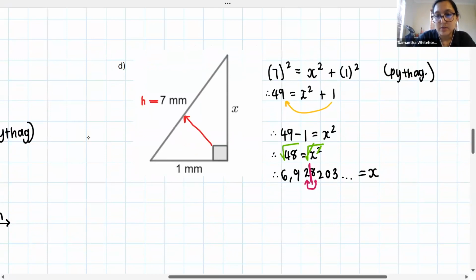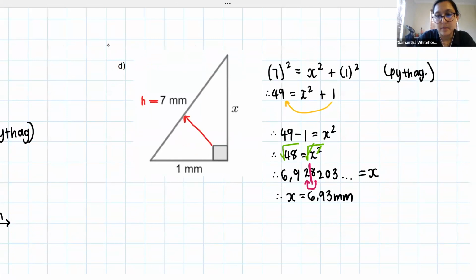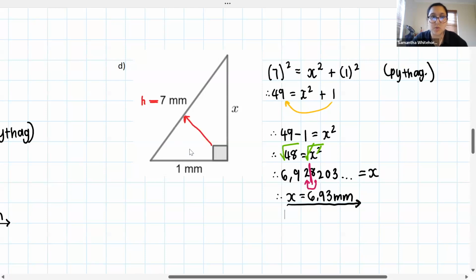So this 8 rounds the 2 up to a 3, and so x is equal to 6.93 millimeters. Please just remember your rounding. Please just remember your square root as well. I care more about the square root than the rounding because the square root has to be there. So just remember your square root.